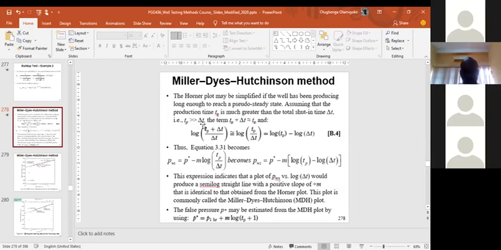If we can assume that the well has produced to reach steady state, the Horner time can be simplified to Tp over delta T. And using your logarithm rules, log of Tp over delta T is equal to log Tp minus log delta T.